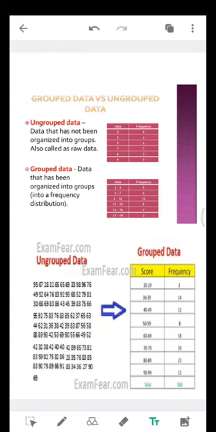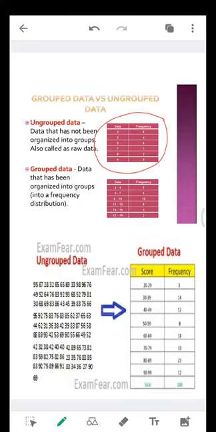Data is classified into two types, that is the ungrouped data and the grouped data. In ninth class we have studied about ungrouped data, the data which is given individually like this.